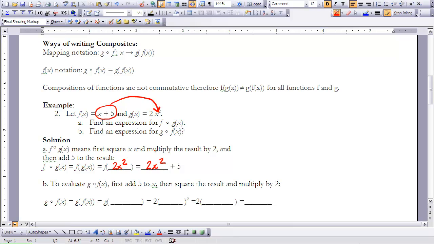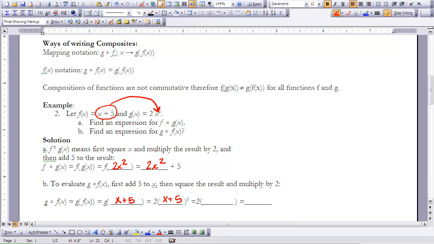So g following f of x means I'm going to go g of f of x. So g of f of x is x plus 5. So now I'm going to take my x plus 5, like I showed you up here, and plug it into my 2x squared. So my new x essentially is x plus 5. So I'm going to say x plus 5 in here.